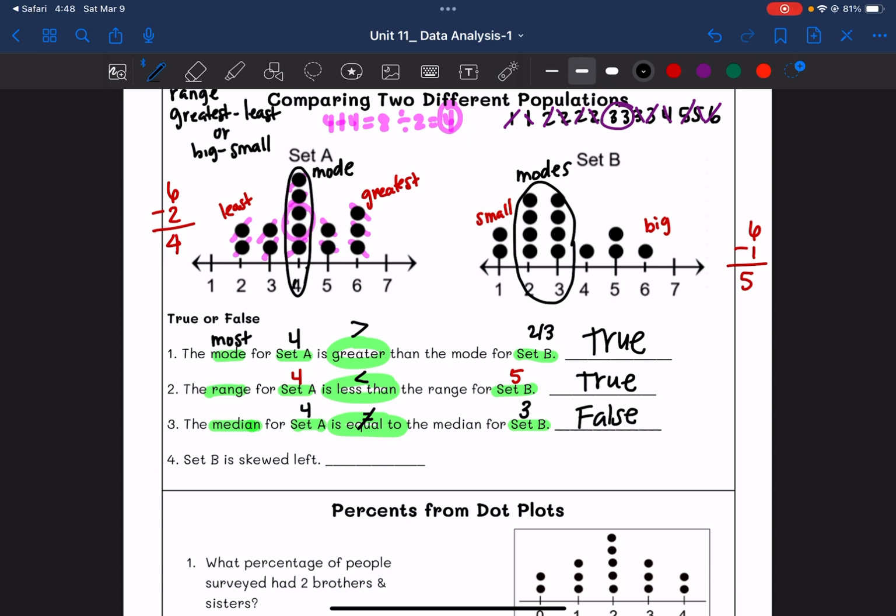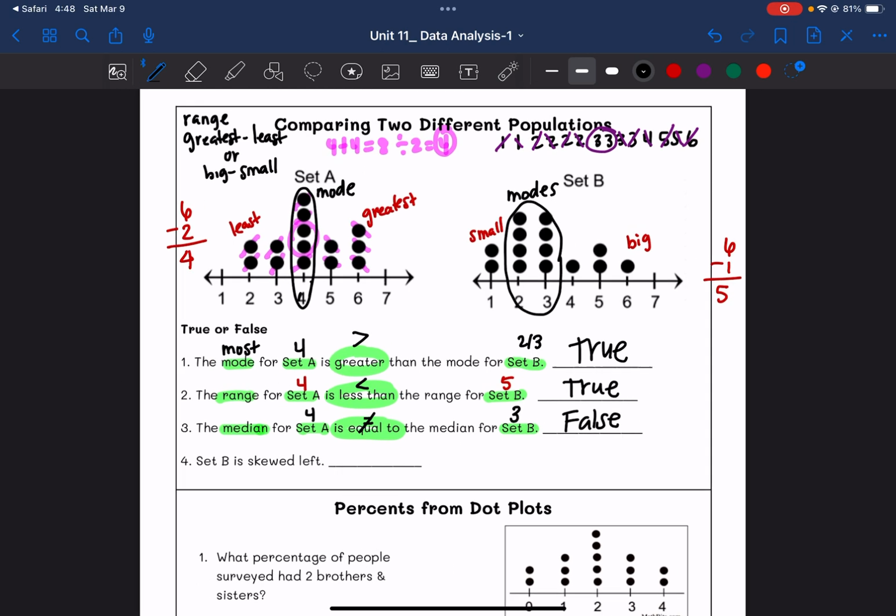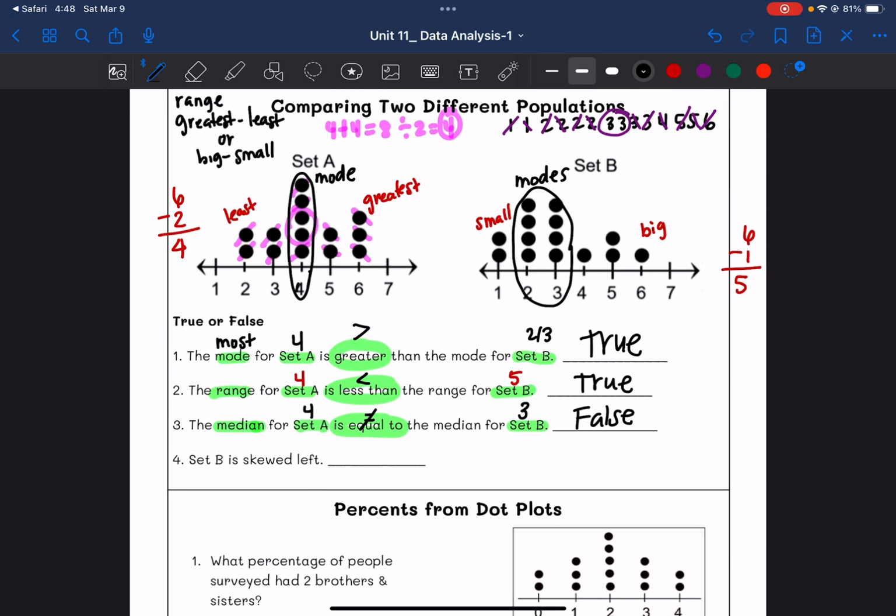Okay, now let's take a look at the skewedness of set B. I'm going to use a yellow highlighter. Now here, if I trace the data information, most of the data is going to be to the left, and the tail is to the right.